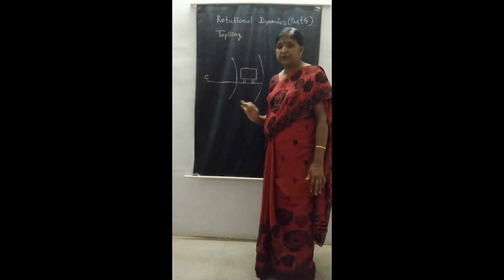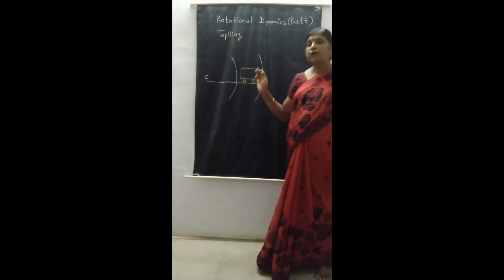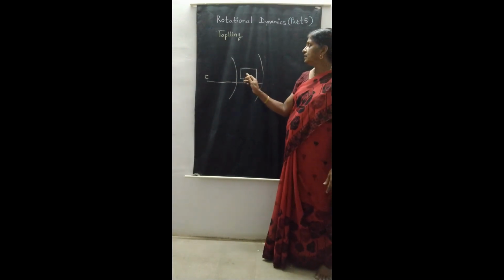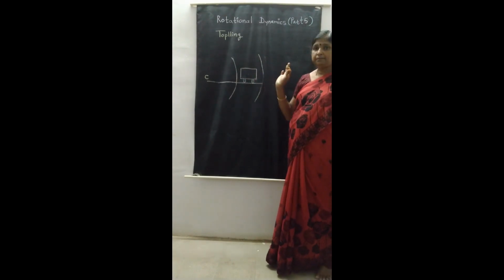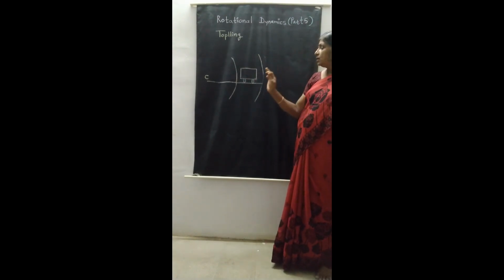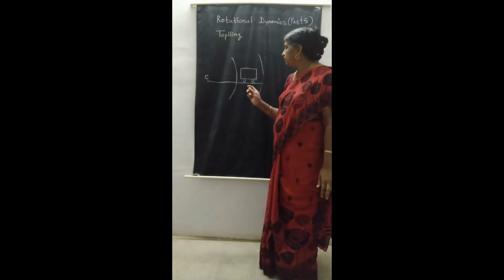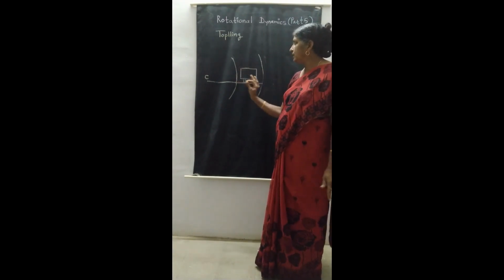Under this condition, we are going to find out what is the maximum safe speed so that this vehicle will not topple. For that, again, we will have to see various forces acting on this vehicle.